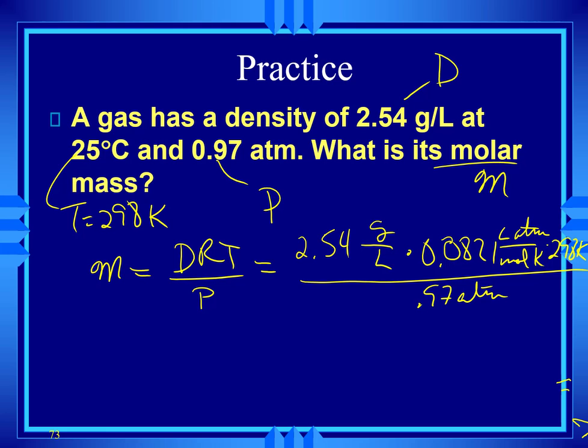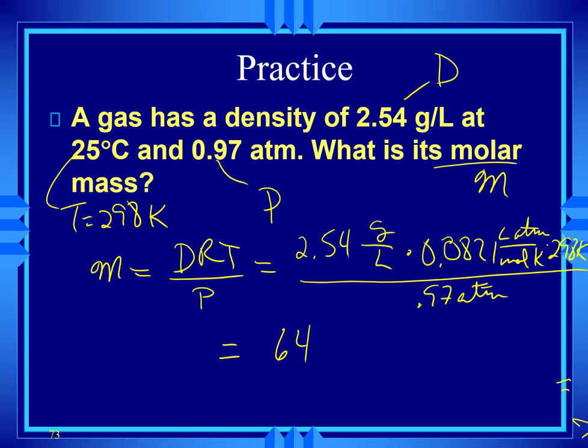So it's 2.54 times 0.0821 times 298 divided by 0.97 equals. With two sig figs because of the 0.97, that is 64.